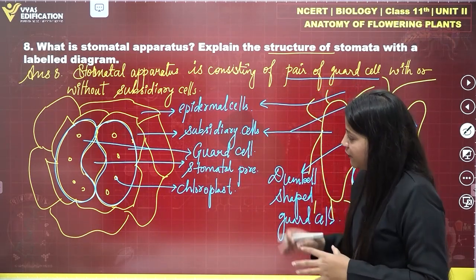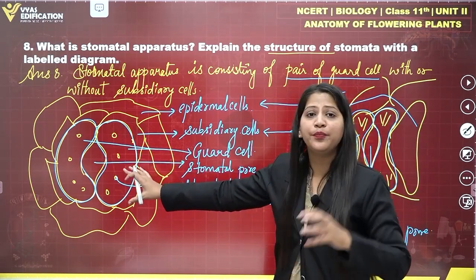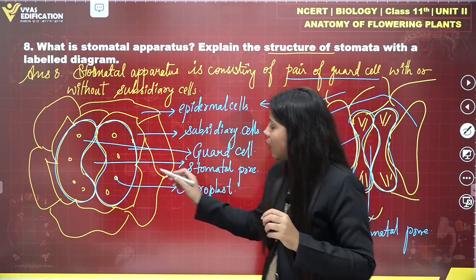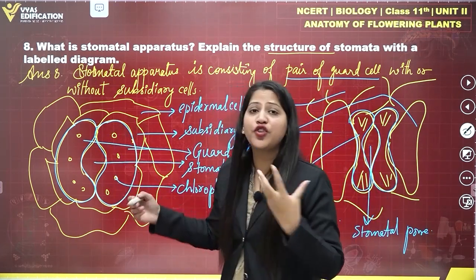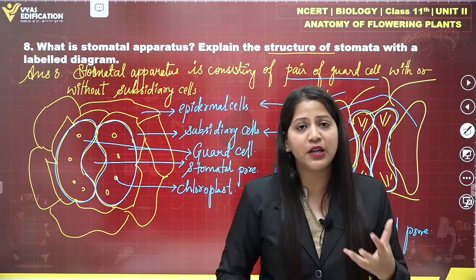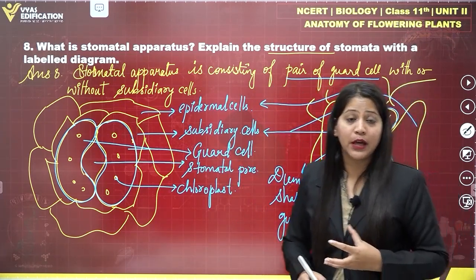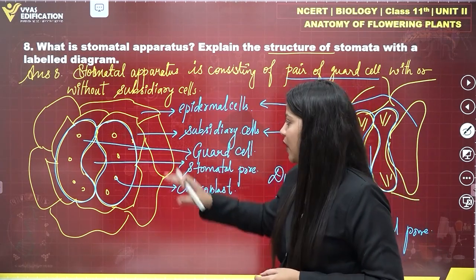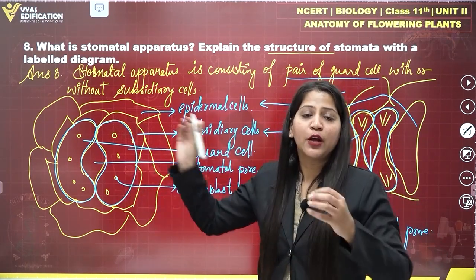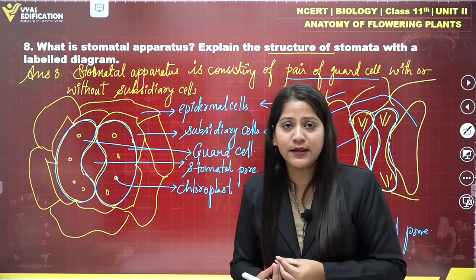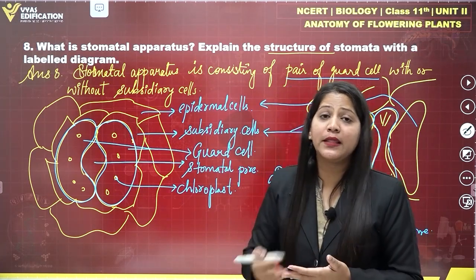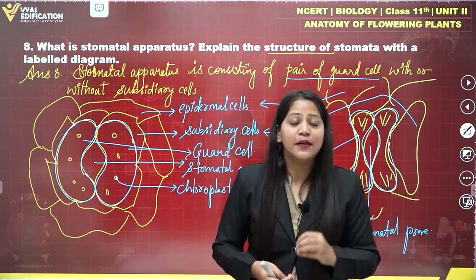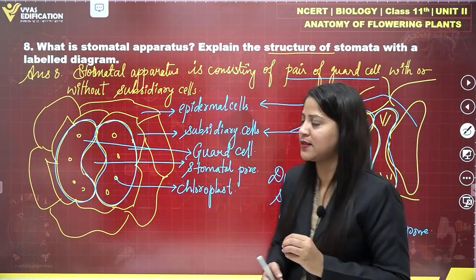First of all, if I talk about the guard cell, there is a pair of guard cells, right? Guard cell is bean shaped in general and has chloroplasts and small vacuoles in it, but they are dumbbell shaped in grasses.